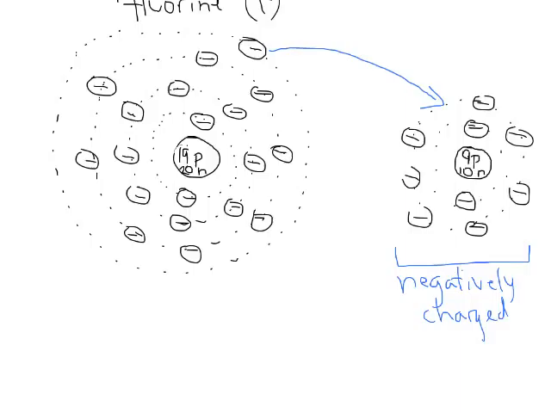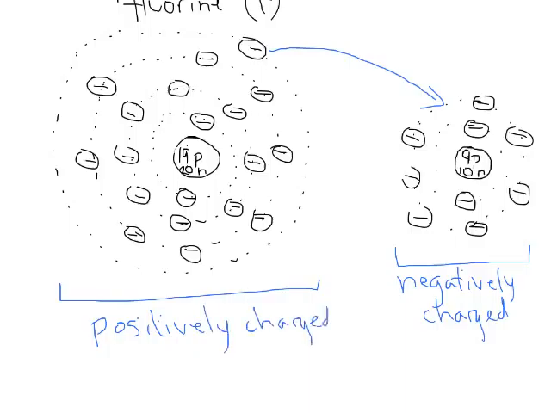And this one over here becomes positively charged. Because now there's more protons than electrons when it's lost its electron. So when this basically goes over here, then this is now positively charged.